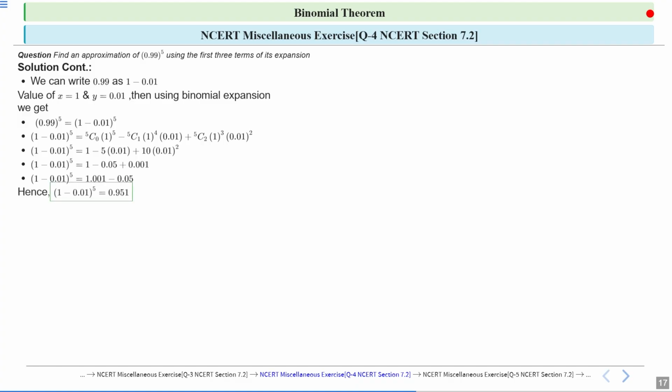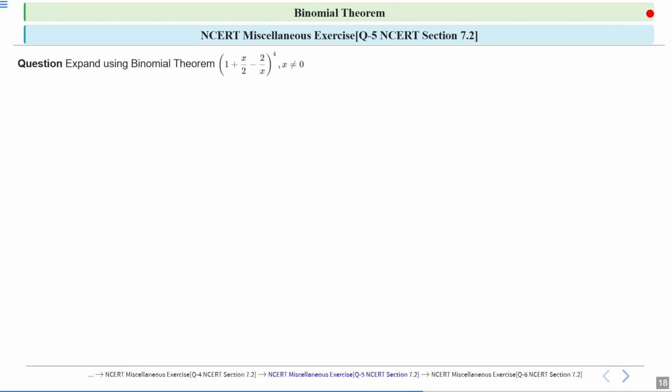Hence 1 minus 0.01 whole to the 5, this is equal to 0.951. Thus the value of 0.99 whole to the 5 is approximately 0.951.